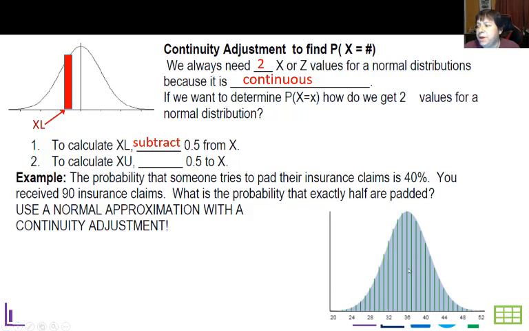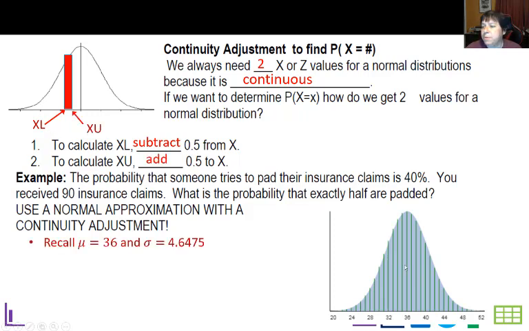In this example below, I have 45, so the integer below would be 44. The one above would be 46. How far apart are they? They're 1, and I only want to go halfway. So if I subtract 0.5, that'll take me halfway down. Going halfway up, I would add 0.5.